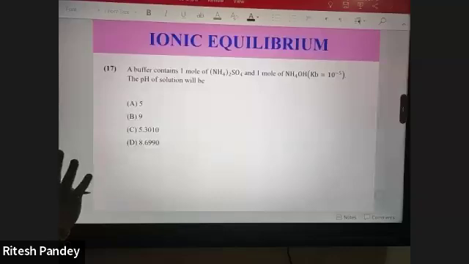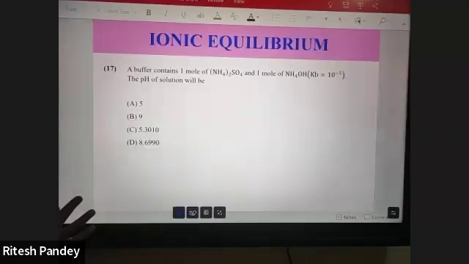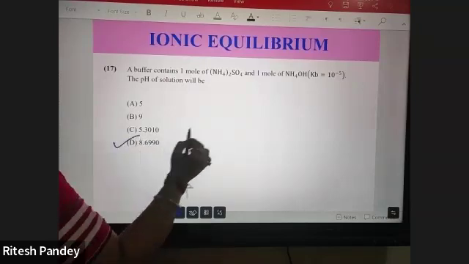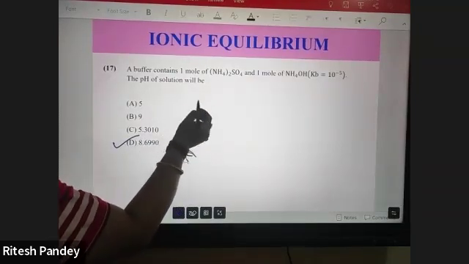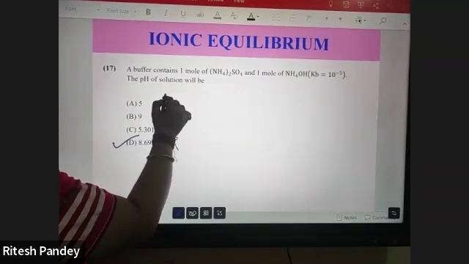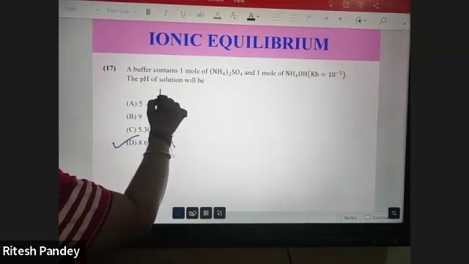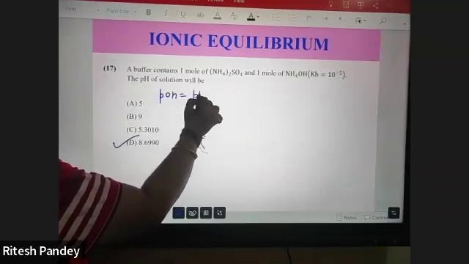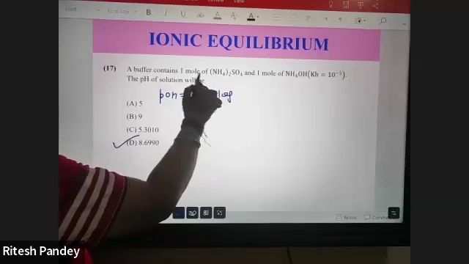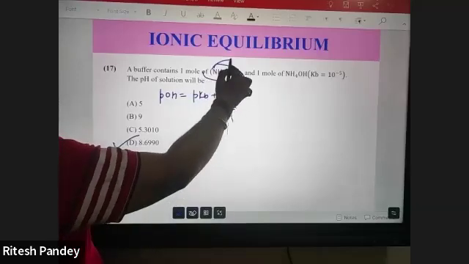Now, yet again, option D, Delhi. Is this the common answer? I mean, you'll want to be very cautious. The ammonium sulfate, 1 mole, will give 2 NH4 plus.